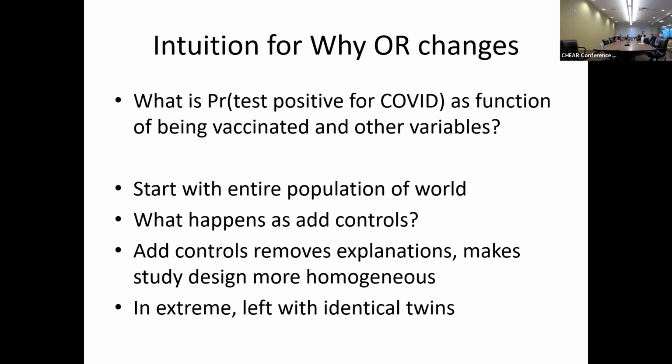Of course, there are lots of things that affect whether or not people test positive, not only being vaccinated. What you really want to know is, for otherwise identical people, one who happens to be vaccinated and another not, what is the effect of the vaccination on the probability of getting COVID?